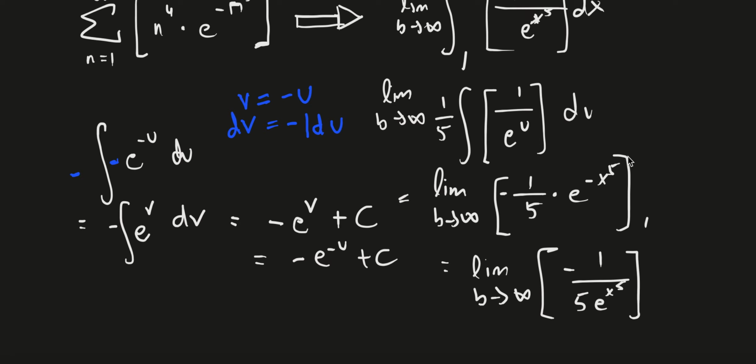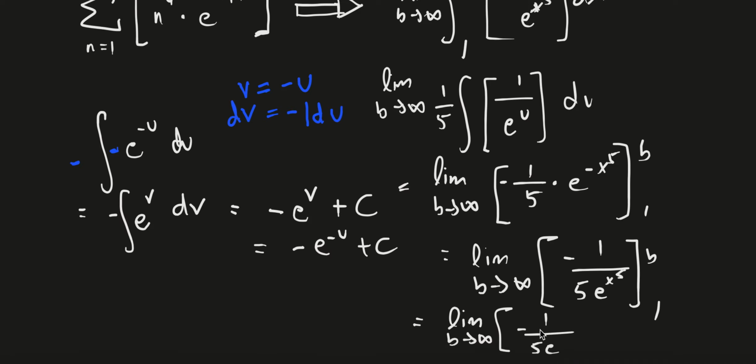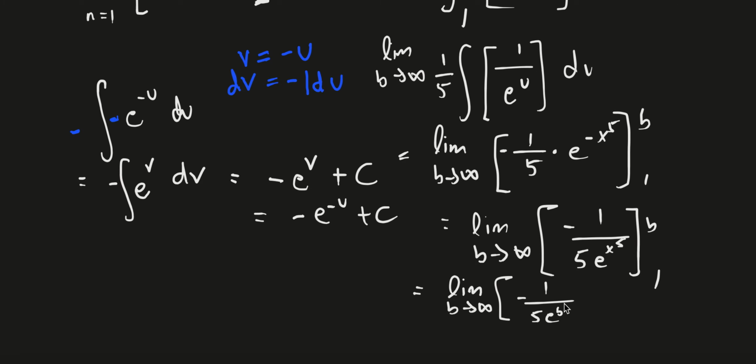So from 1 to b, this will be the limit as b approaches infinity of negative 1 over 5 e to the b to the 5th, minus, and then a negative. So I'll just make that positive and not add the negative again. 1 over 5 e. That's it, because it's 1 to the 5th.